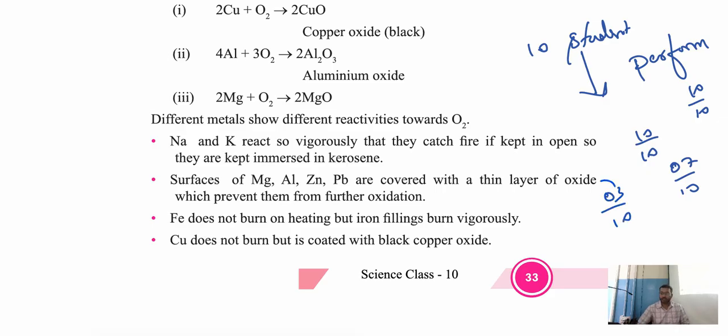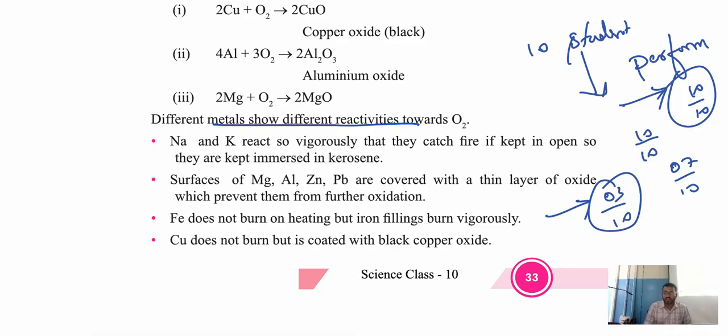This shows that these are weak and these are strong. It means these are very highly reactive and these are least reactive. Some metals react very fast and some metals react a bit slower compared to the previous one. That is what we say: metals show different reactivities whenever they are reacting with oxygen. The reactivity changes.